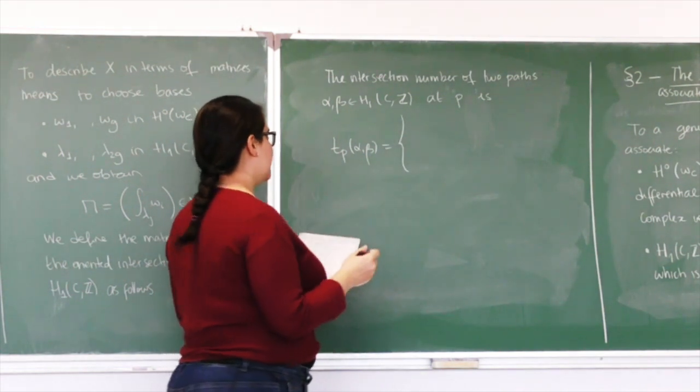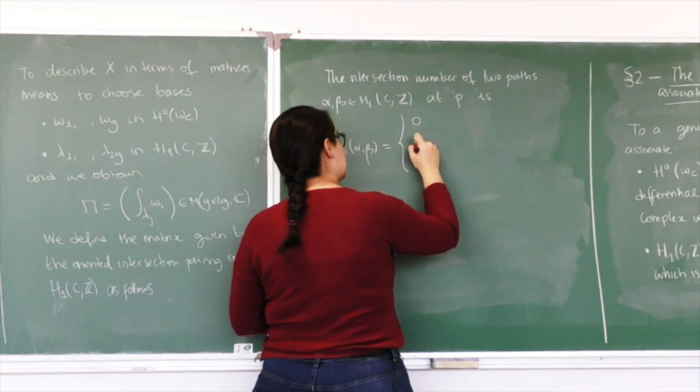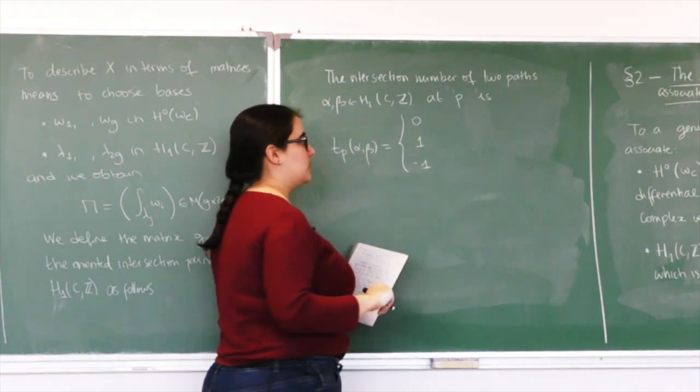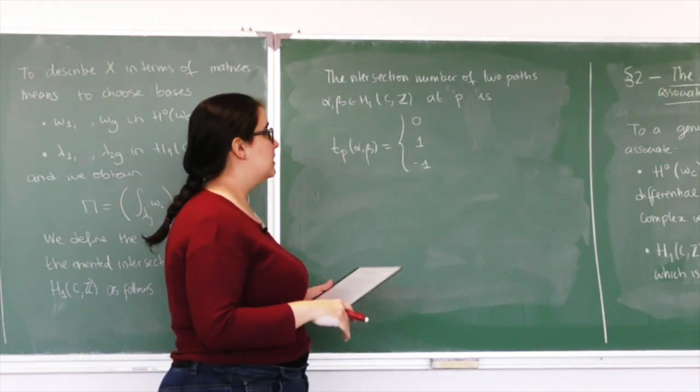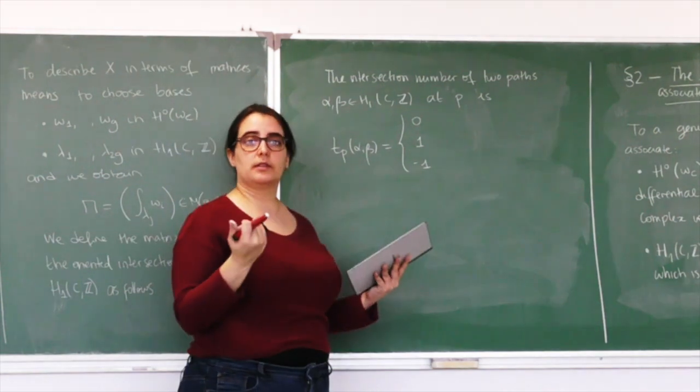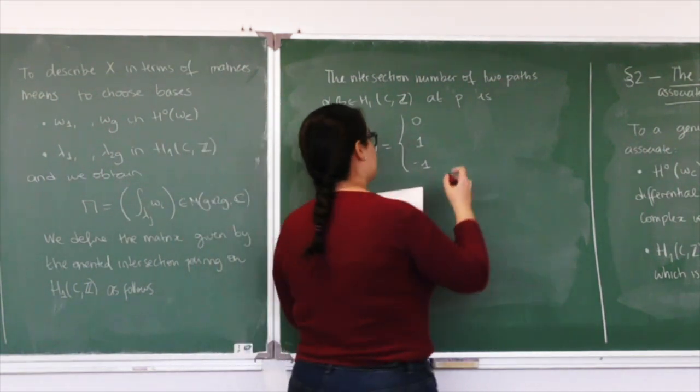We have three possible values for this. It can be 0, it can be 1, and it can be -1. It is 0 if the two paths don't intersect transversally.